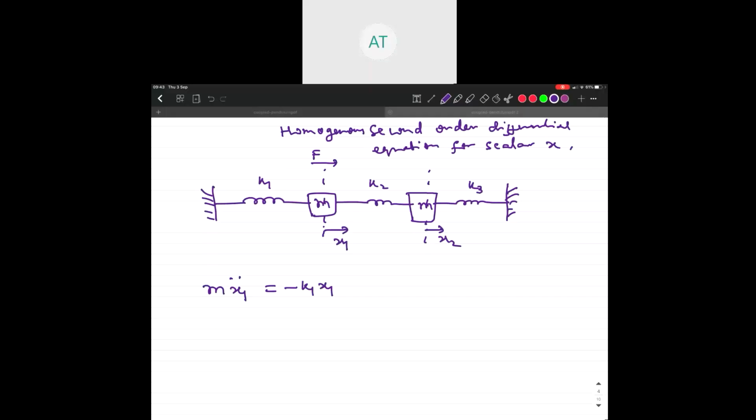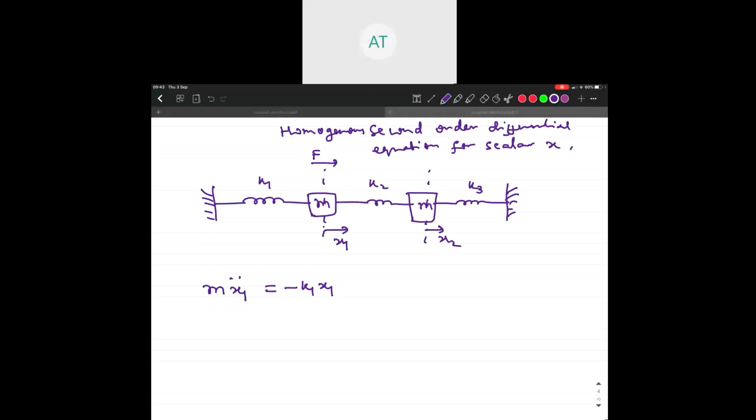Then we have another part: whenever we move the mass m by a distance x1 in the direction of k2, k2 is compressed by an amount x1.